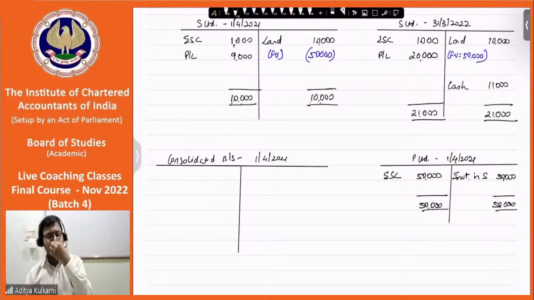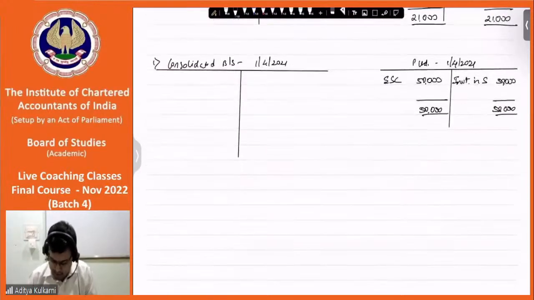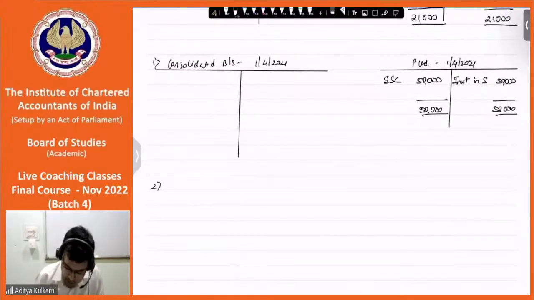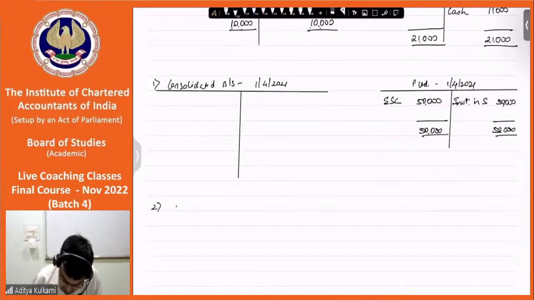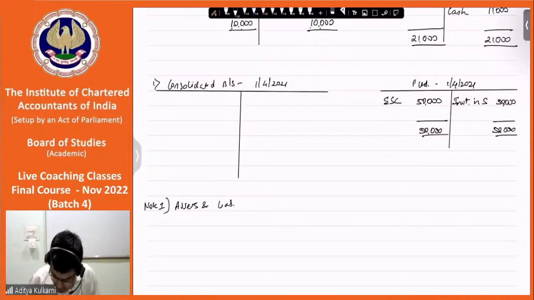Now, if I have to prepare the consolidated balance sheet, step number 1, I will prepare the consolidated balance sheet format. Step number 2, assets and liabilities. That is note number 1. So who will come here?